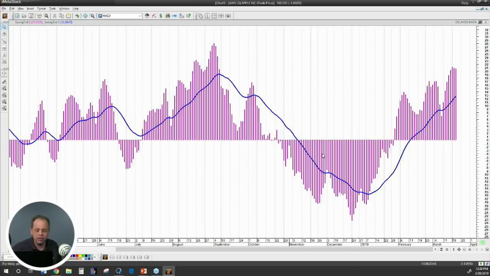We don't use it in exactly the same way that we use the short-term and the long-term trend. The reason that it's a little bit different is what we're looking for with the intermediate term trend is what Rahul calls a shift of momentum or a shift of strength or a shift of focus.